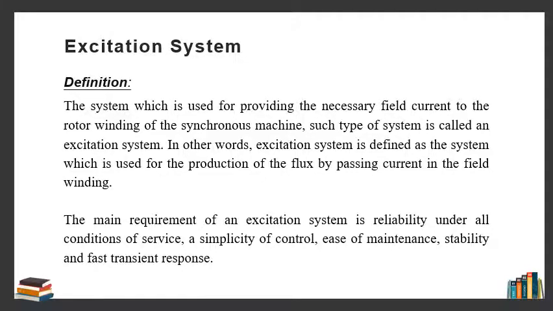In other words, it is used for production of flux by passing current in the field winding. The main requirements of an excitation system are reliability under all conditions of service, simplicity of control, ease of maintenance, stability and fast transient response.